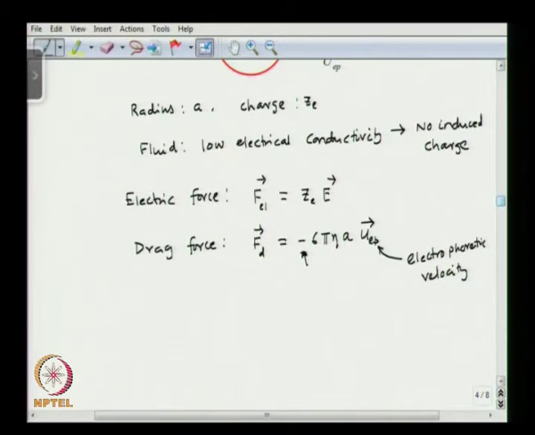Now to find an equilibrium of the forces that are acting on the particle, we can do a vector sum of these two forces, okay.